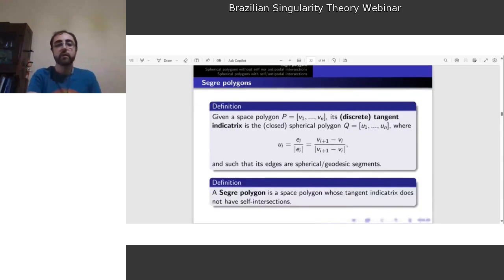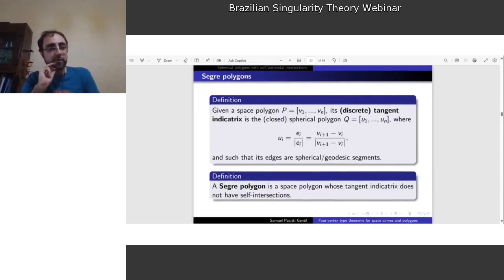Now we start talking about segment polygons. But first of all, we must recall that segment curves were somehow related. Their definition was related to the fact of their tangent indicatrices not having any self-intersections. So we must define the notion of discrete tangent indicatrix in order to make sense of this new definition.